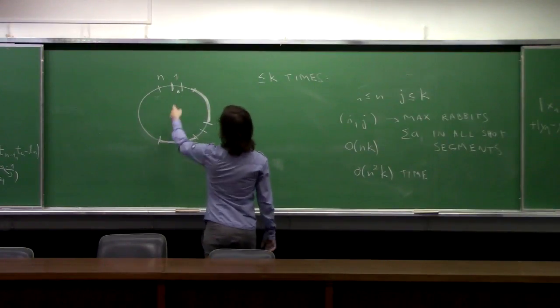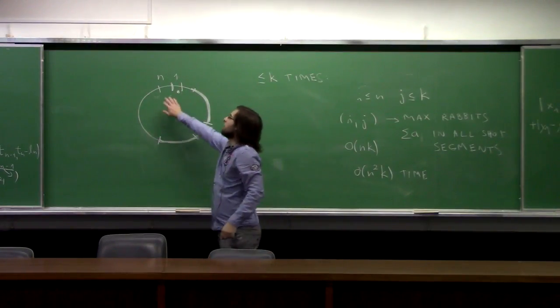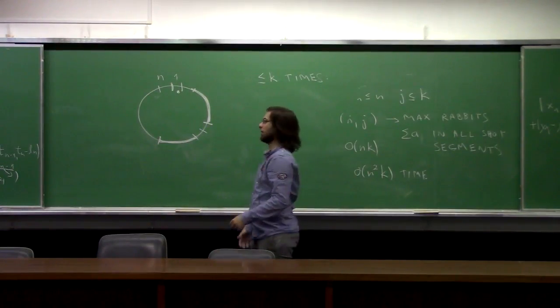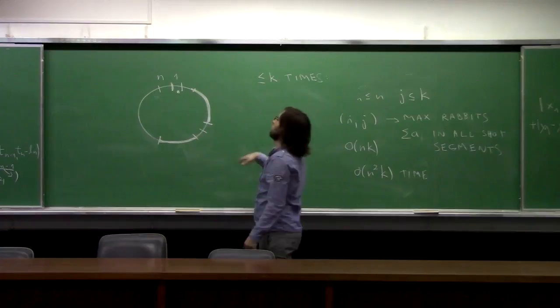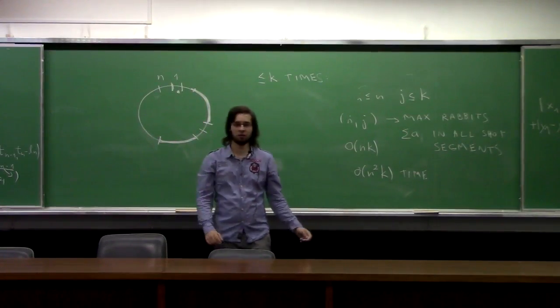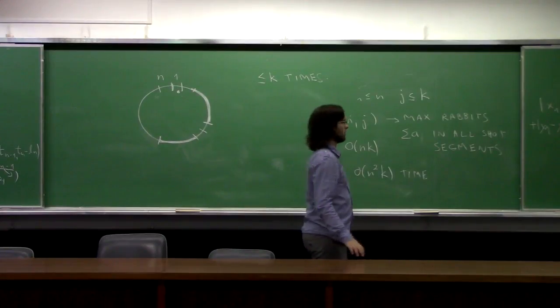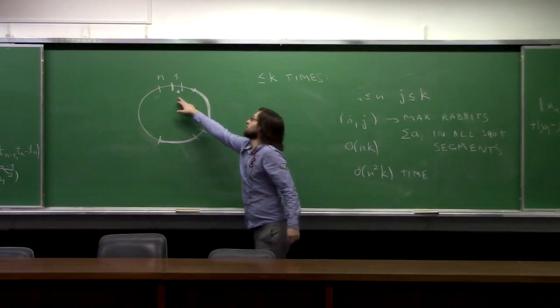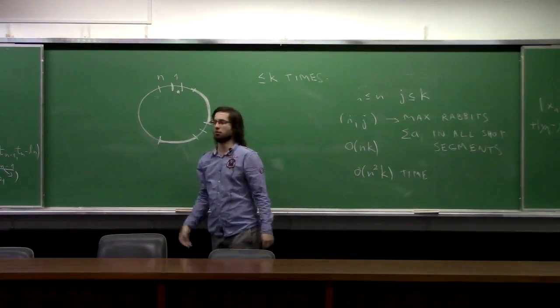So this dynamic programming, when place n is never shot and place 1 is shot, would be done on I equal to 1 up to n minus 1 with some special condition at the end, and with another condition that the first segment we shoot must start at the beginning. This place can't be skipped.